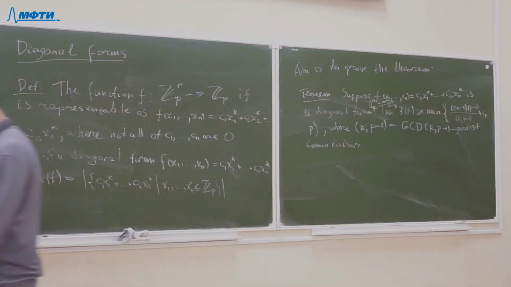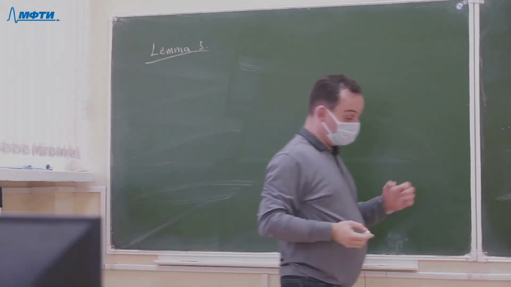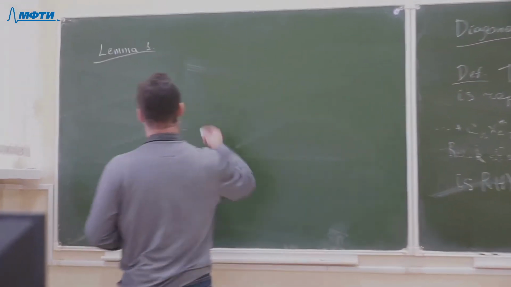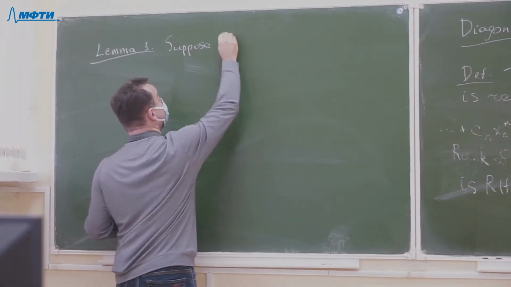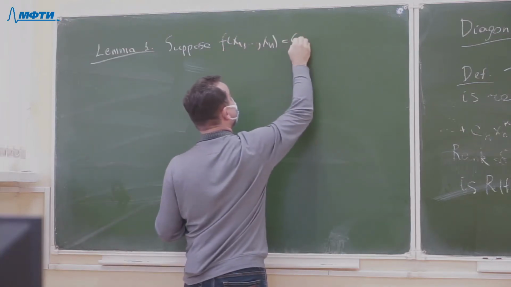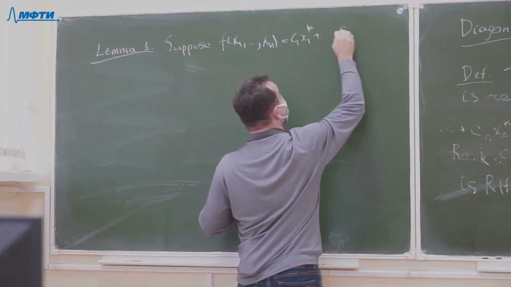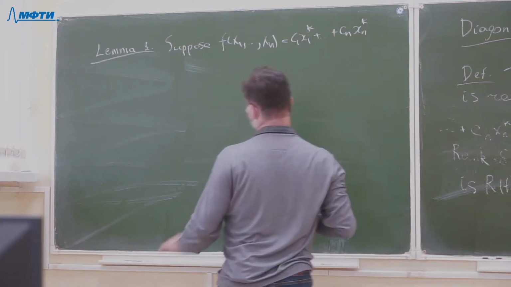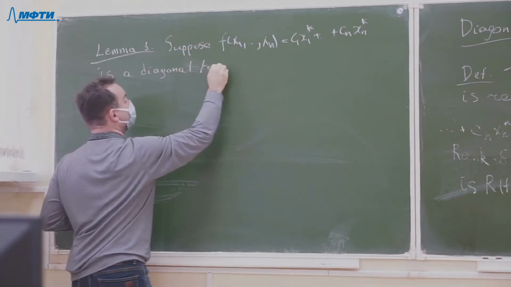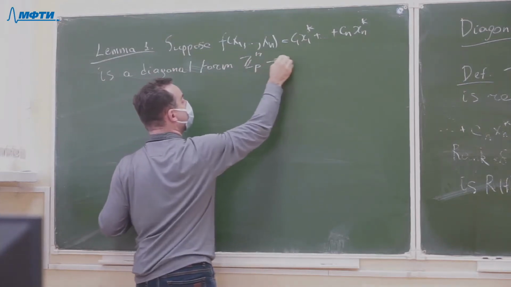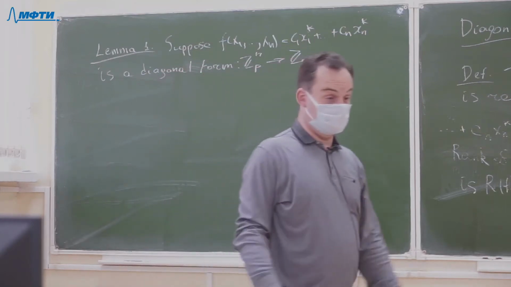First lemma. It claims, suppose f(x1, ..., xn) is c1 x1 to the k plus ... plus cn xn to the k, a diagonal form from Z_p^n onto Z_p.